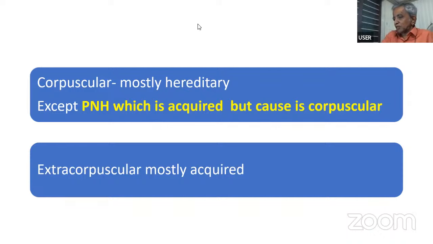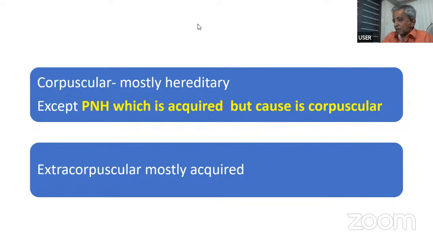It produces burr cell anemia, BURR. Burr cells, correct. Burr cells are otherwise called echinocytes. Spur cells are acanthocytes.